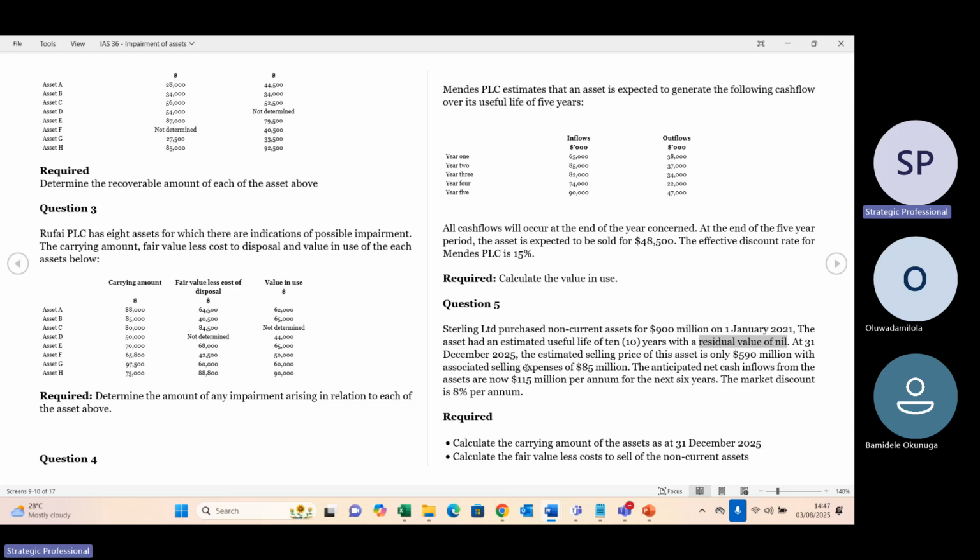However, if I decide to go to the market and sell that same motor vehicle for 5 million, that 5 million naira, that is the value of that motor vehicle, is what we call fair value. Please take note, 5 million is fair value. That 4 million that is in your book is what we call carrying amount. They are different. 5 million is what you want to sell it for in the market.